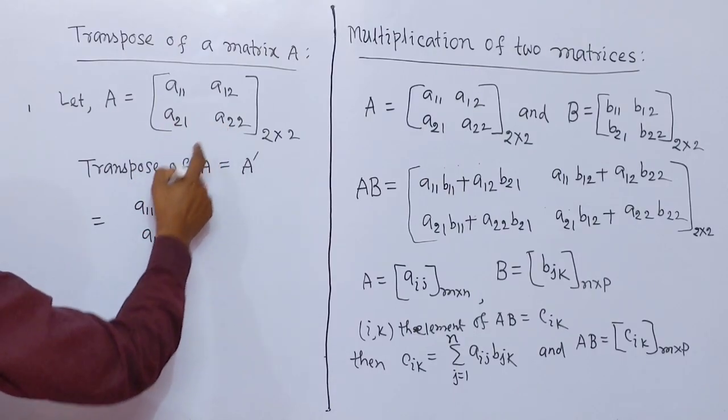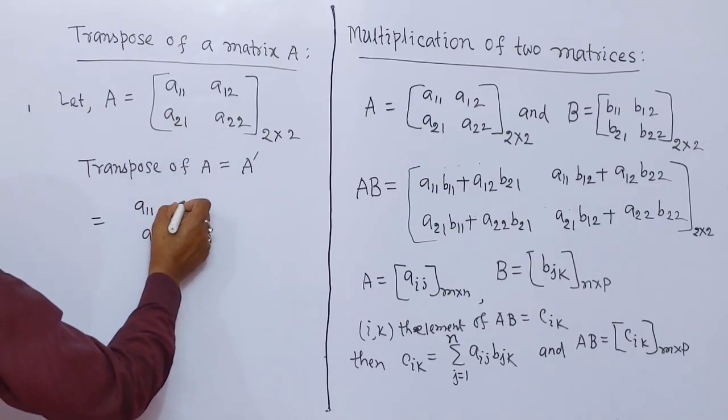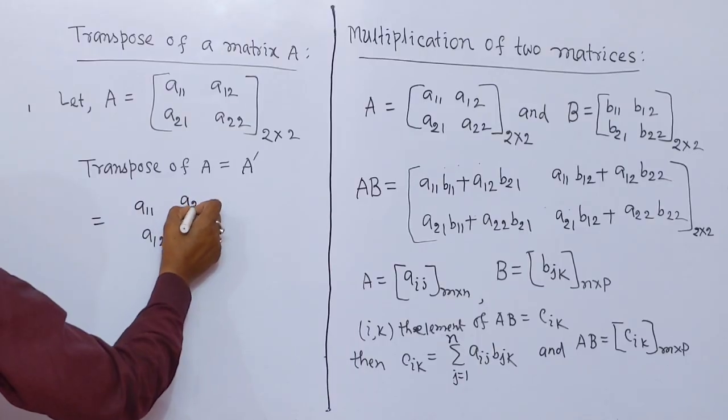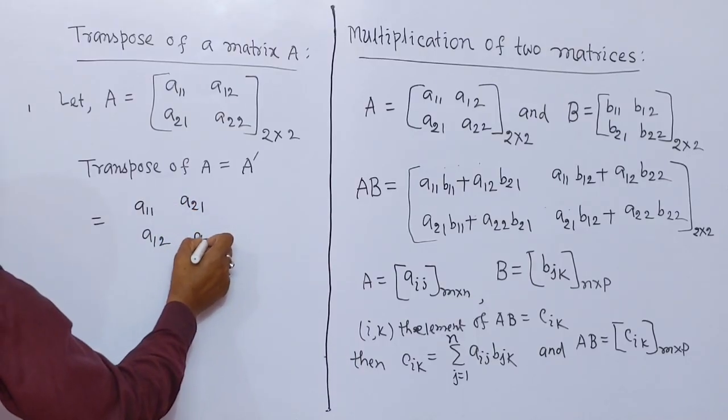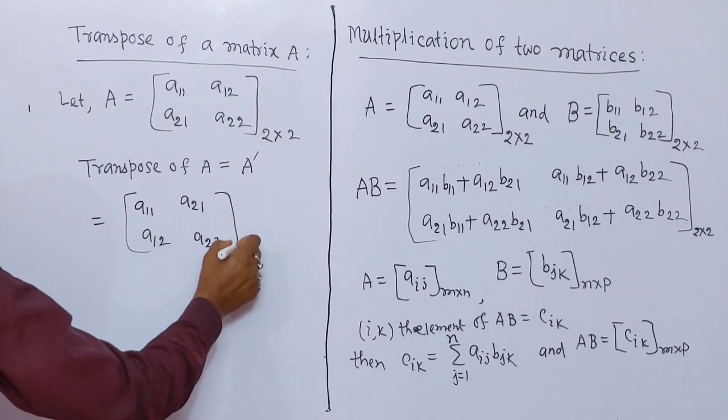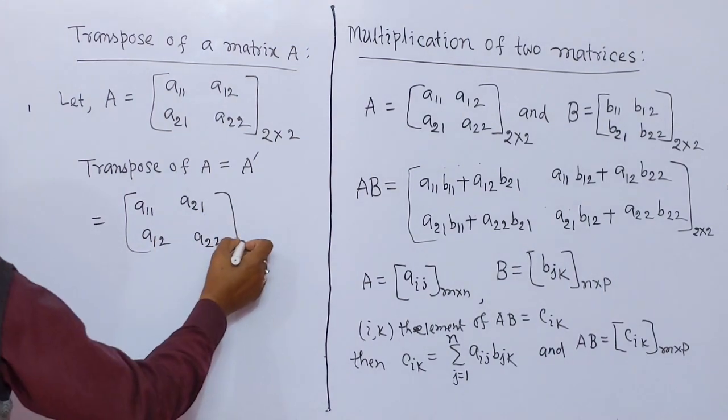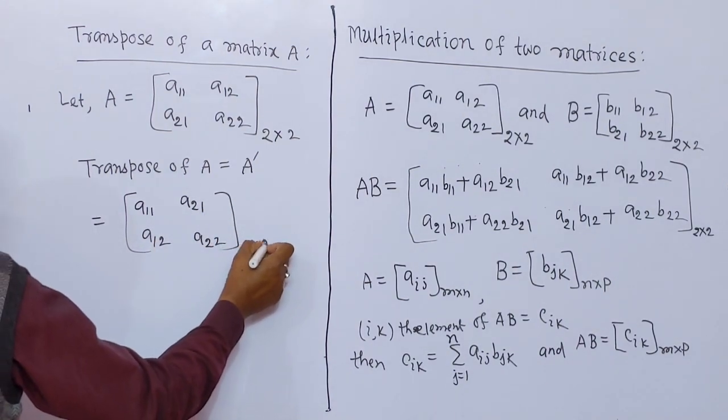The second row becomes the second column: A21, A22. This is also 2 by 2.